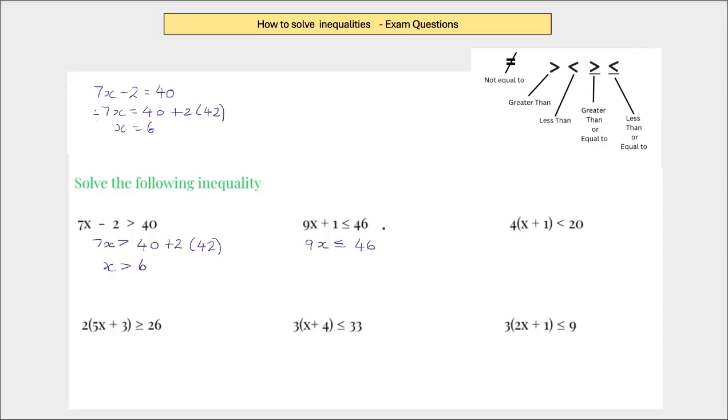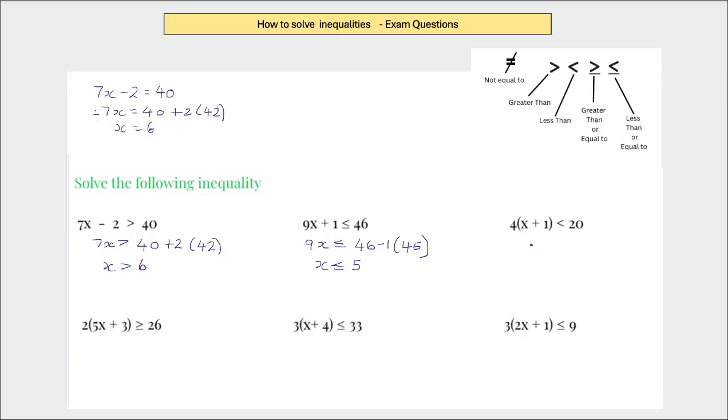That comes over, negative 1, 45. 9 divided into 45. So x is less than or equal to 5, because 9 times 5 is 45. Let's go for the next one.